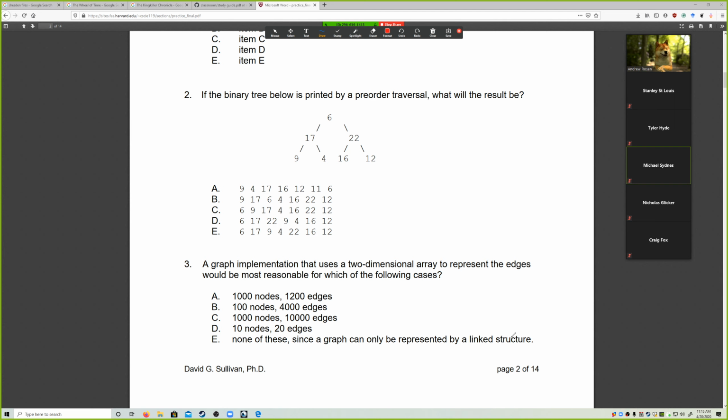Now, if you watched the videos and read the book, you should know that there are actually 2 ways to represent a graph. You've got your adjacency list, which you could also implement using a map. But that's a linked structure.